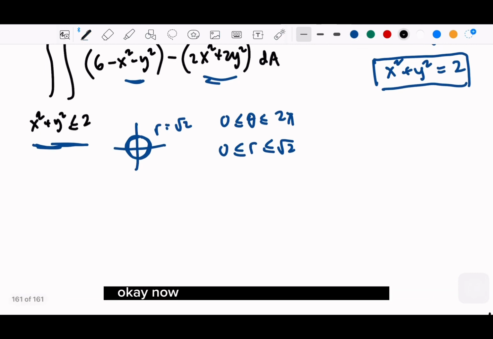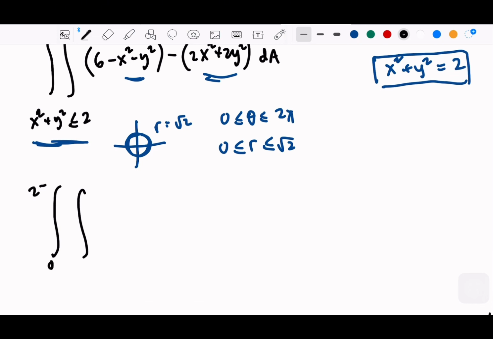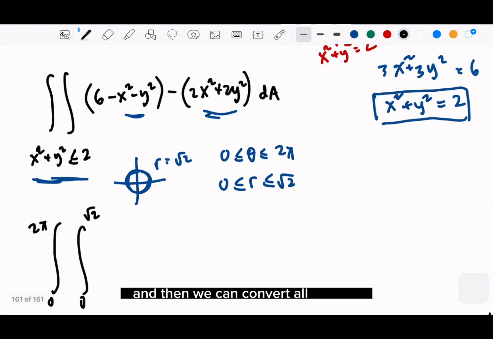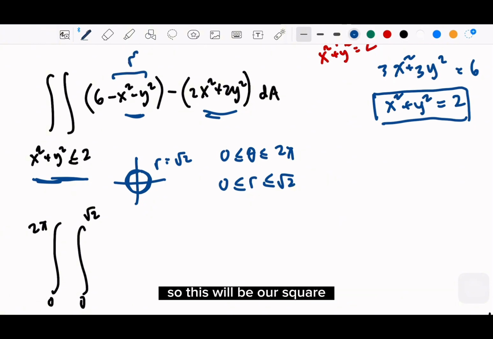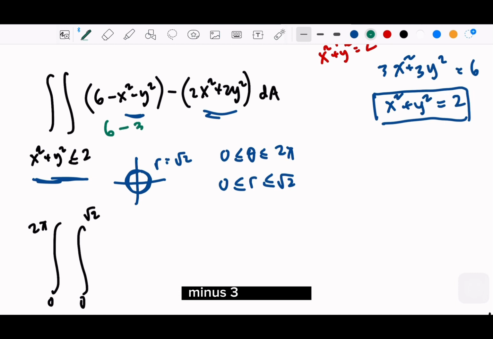Now we can plug into the system and convert all to polar. Or if you want, we can solve this first. So 6 minus 3x squared minus 3y squared, or 6 minus 3 times x squared plus y squared.